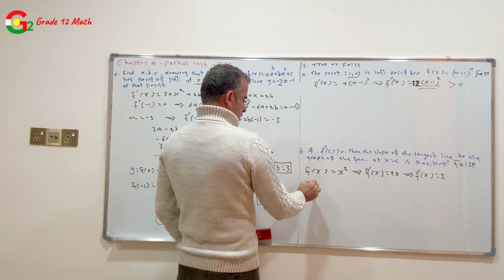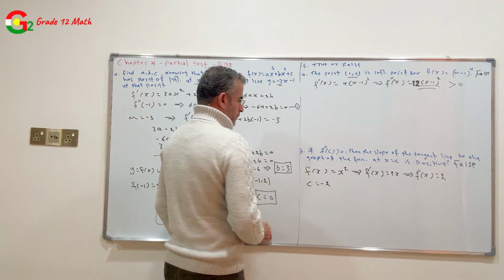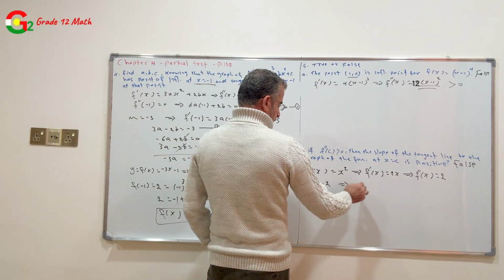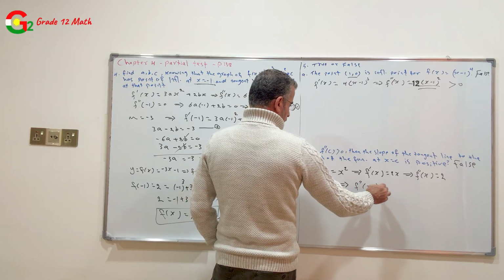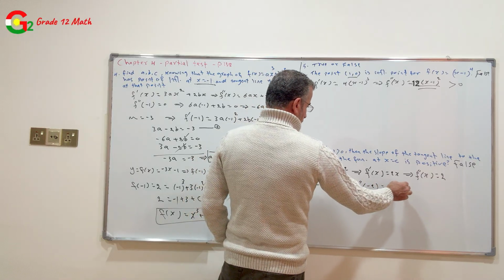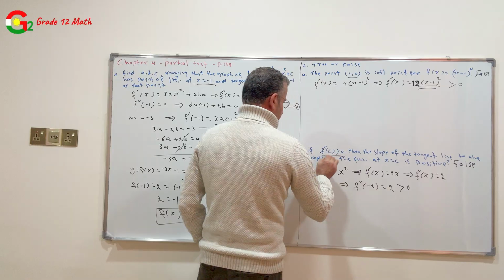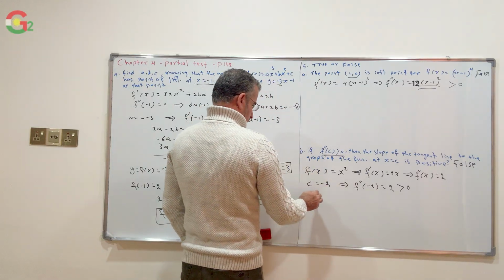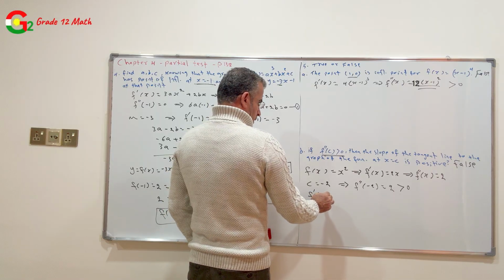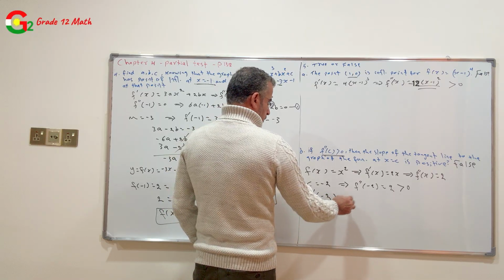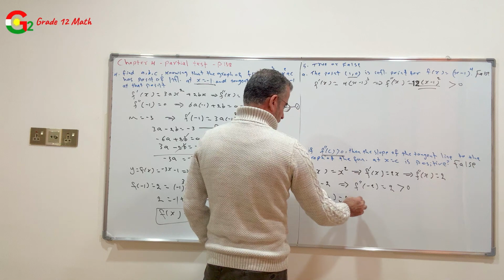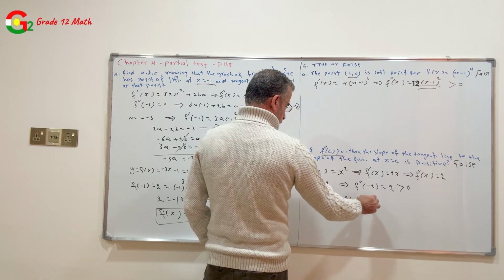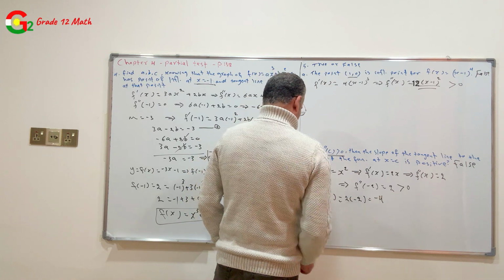If we take c = -2, then f''(-2) = 2, which is greater than 0. And f'(-2) = 2 times -2 = -4.